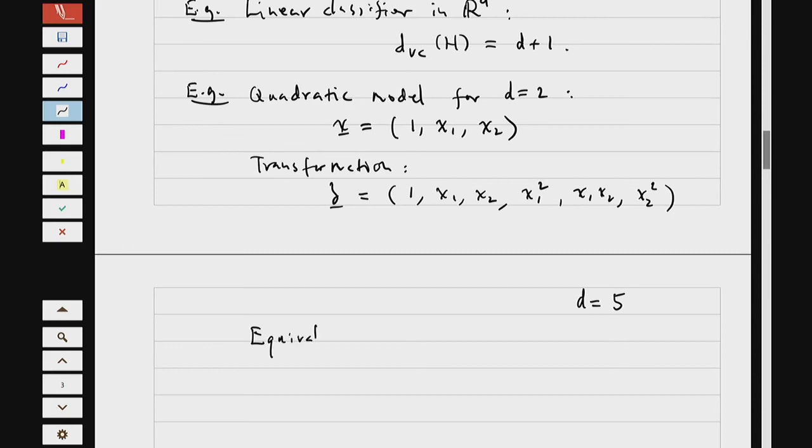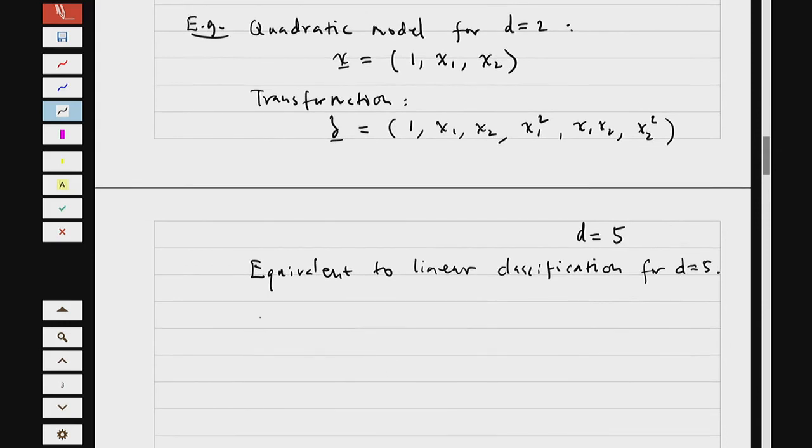So this is equivalent to linear classification for d equal to 5. So therefore, we know that the VC dimension is equal to 5 plus 1 equal to 6.